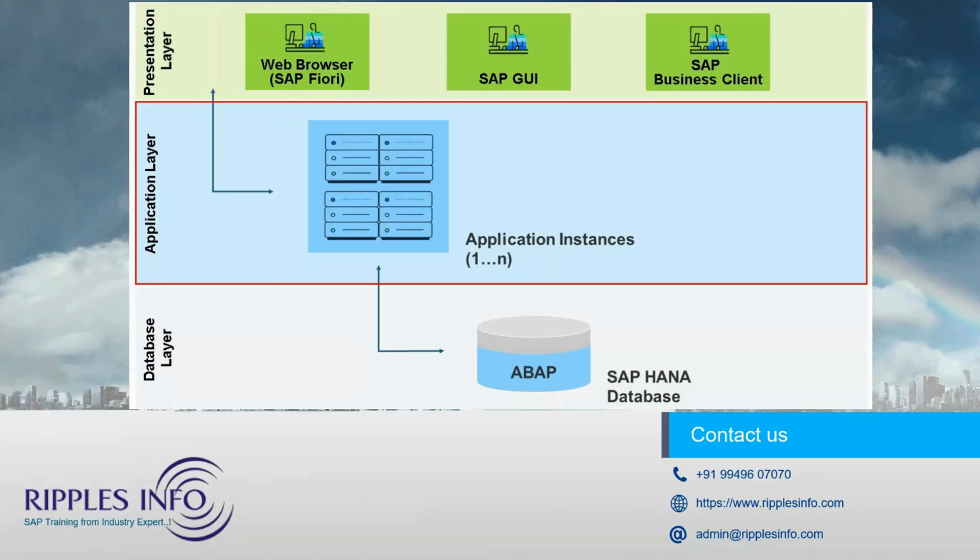Most people know ABAP, Advanced Business Application Programming, the proprietary programming language developed by SAP and used to develop different SAP applications. Earlier they used to call it Application Server ABAP, and later, with SAP S/4HANA, they started using the term ABAP platform. So don't get confused with that.